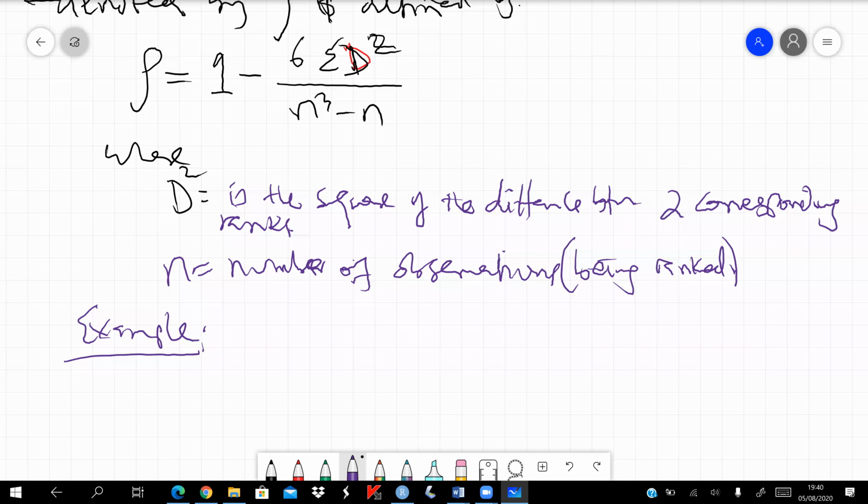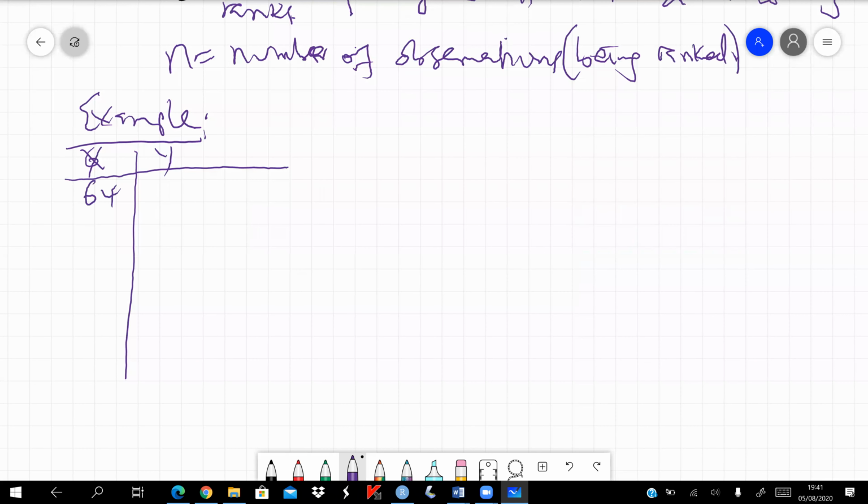We had X and Y. It was going from 64 to 65, 6. Those are the values.